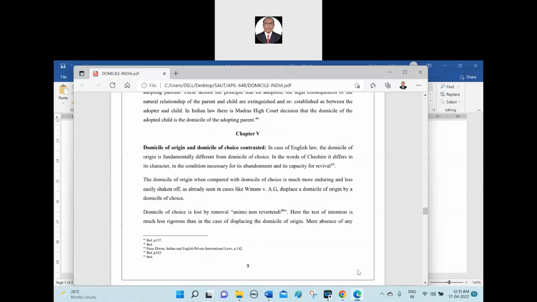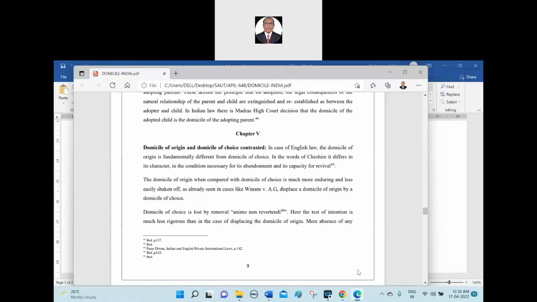So now, domicile of choice is lost by removal with animo non revertendi. That means he doesn't want to continue over there, and he wants to make another choice of law.